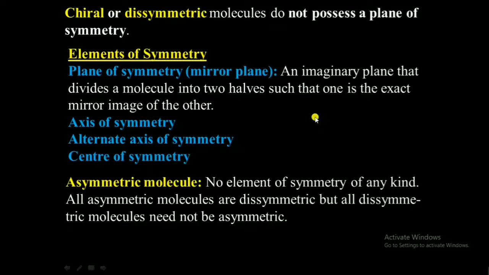Okay. There is another term, which is asymmetric molecule. We know what a dissymmetric molecule is: a molecule that does not possess a plane of symmetry. An asymmetric molecule means that if a molecule does not possess any of these symmetry elements, then it is known as an asymmetric molecule. So all asymmetric molecules are dissymmetric, obviously, because asymmetric means none of the symmetry elements are present, so the molecule does not possess a plane of symmetry either.